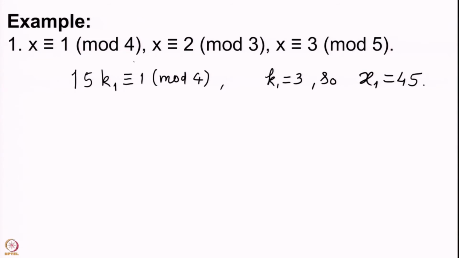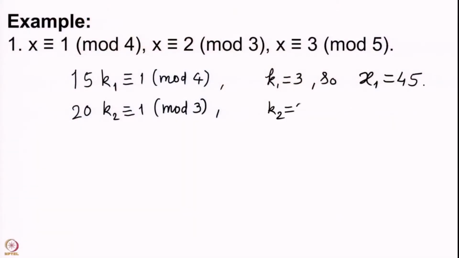After that we look at 4 into 5 which is 20 K2 congruent to 1 mod 3. Remember 20 itself is congruent to 2 mod 3. So if I multiply 20 by 2 I get 40 which is congruent to 1 mod 3. So K2 is 2 and x2 is 40.